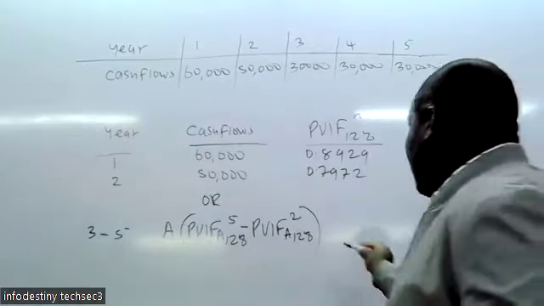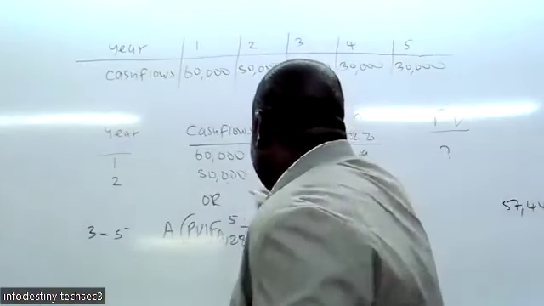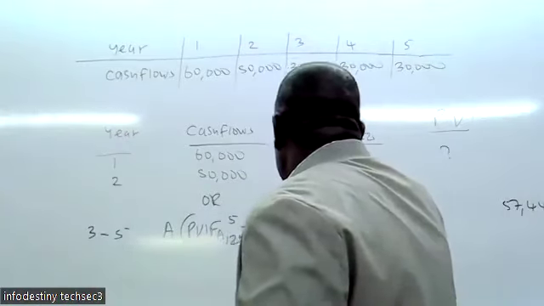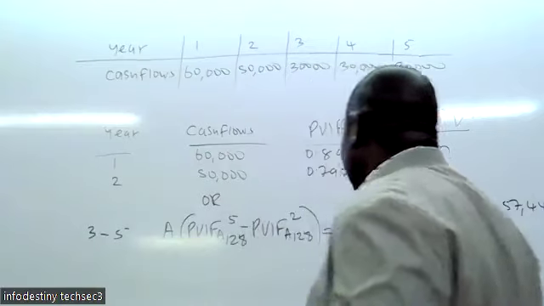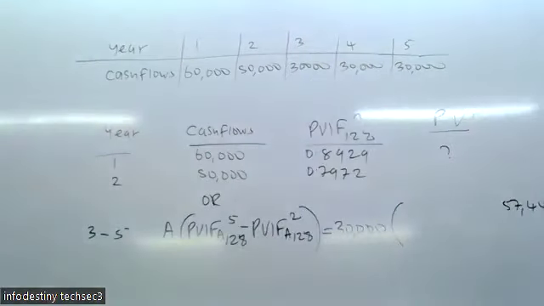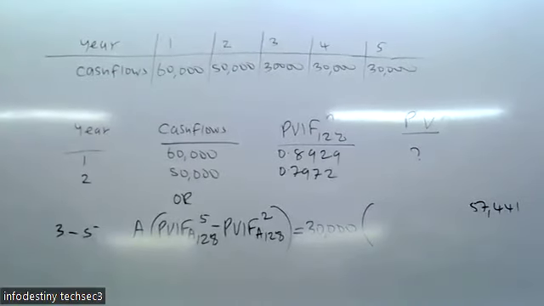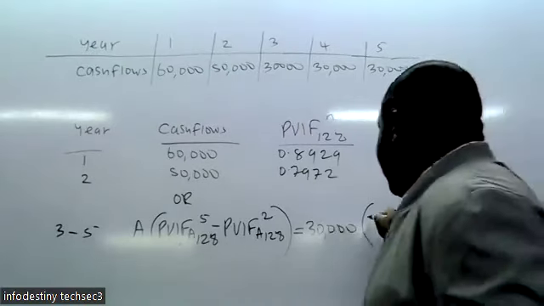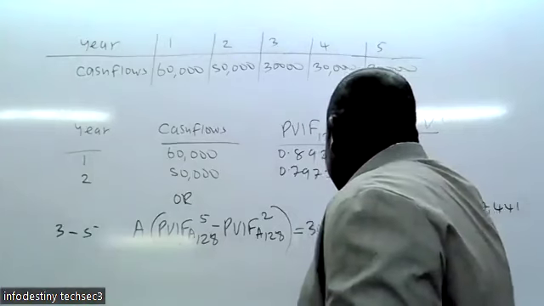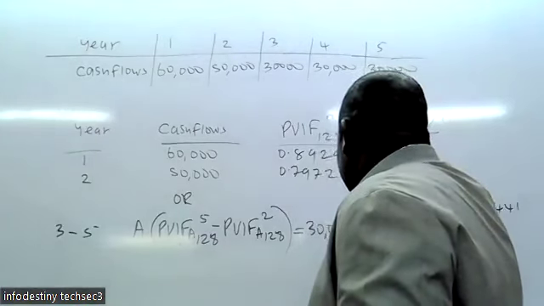So now our annuity is 30,000. I would like you to check in the annuity table. Confirm in that table what is 12% in year 5. 3.648.